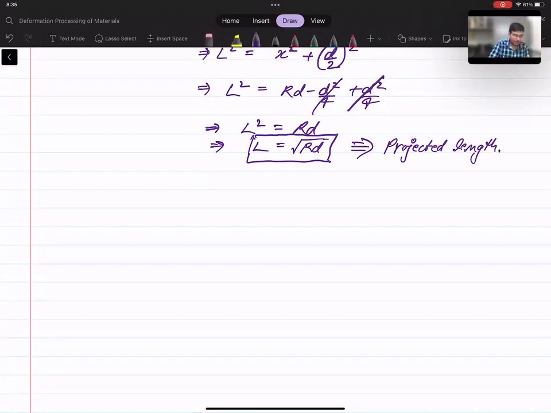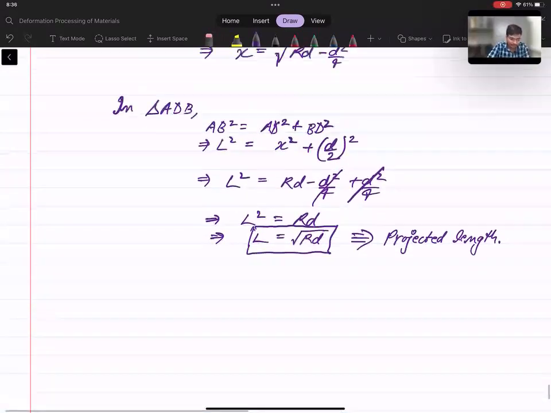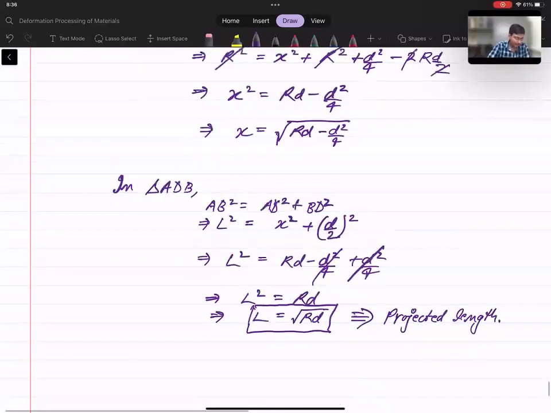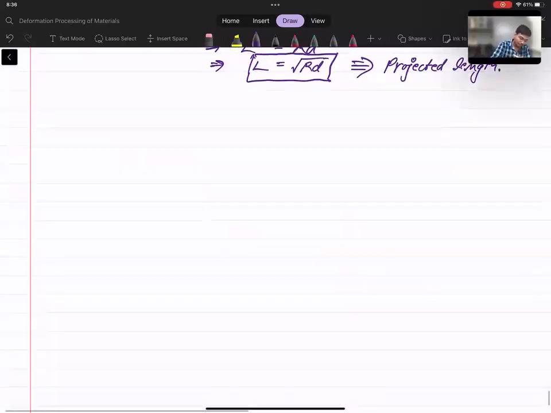This was the first parameter. Now let us find the relation between the bite angle, the draft, and the roll radius. So let us see the next parameter.